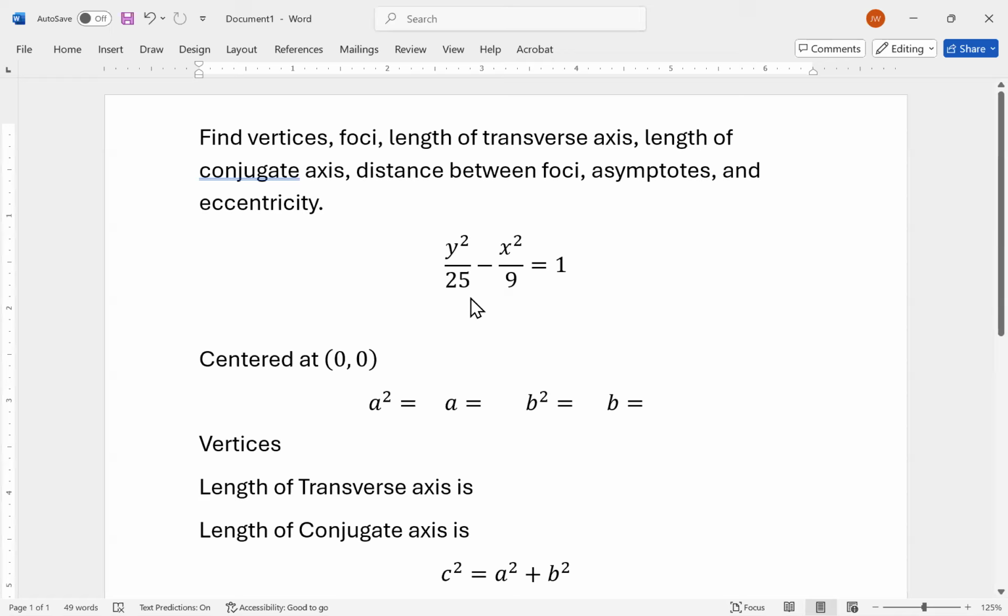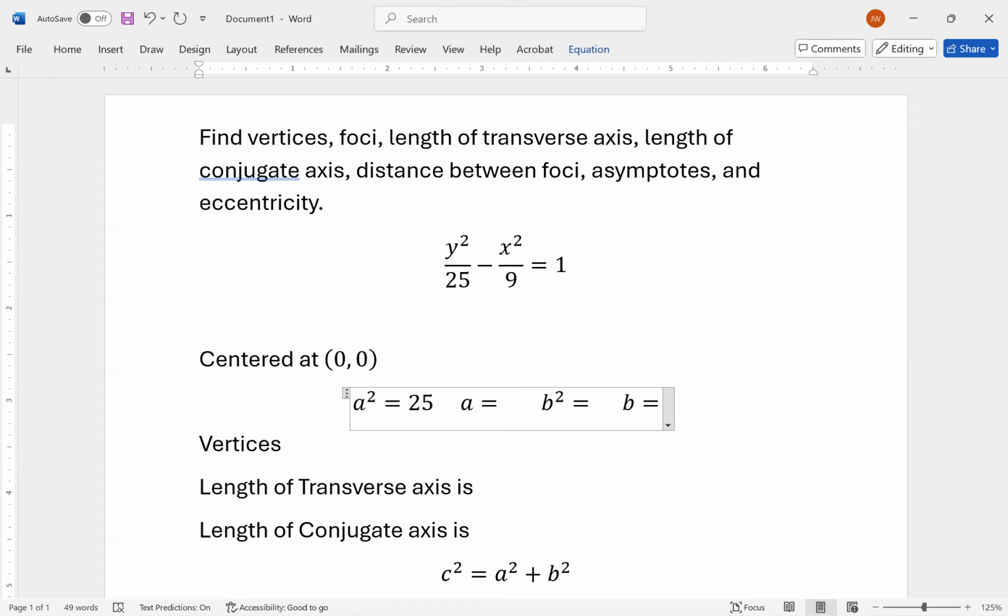All right, so this is the standard form for the hyperbola centered at the origin. In this case, a, again, that's always the one under the positive part, is 5 because a squared is 25. So a squared is the one underneath the positive part.